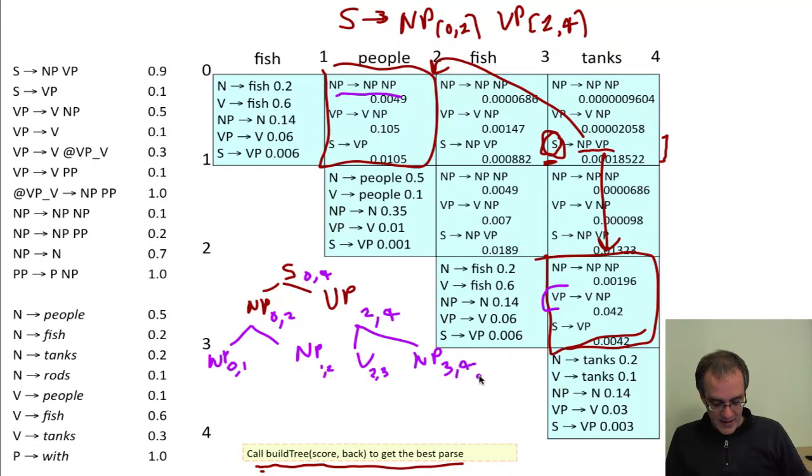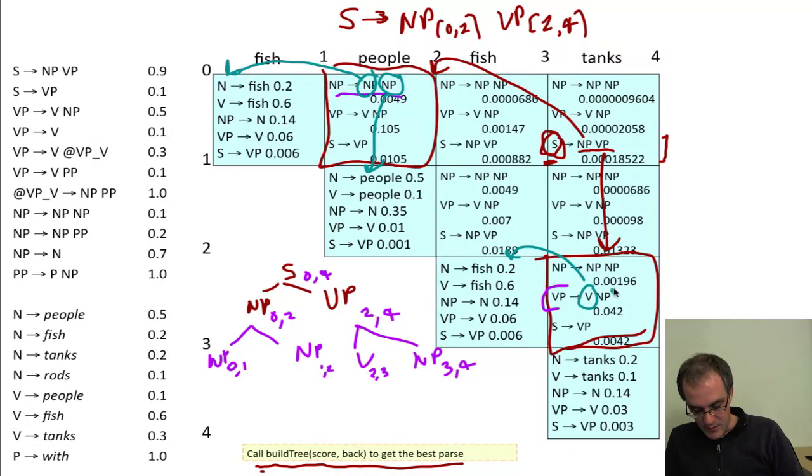Okay, so then that means we're building this noun phrase as a noun phrase in this cell, and we're building this noun phrase as a noun phrase in that cell, and then over here we're building the verb as a verb in this cell, and we're building the noun phrase as a noun phrase in this cell.